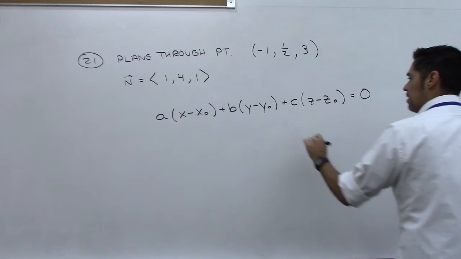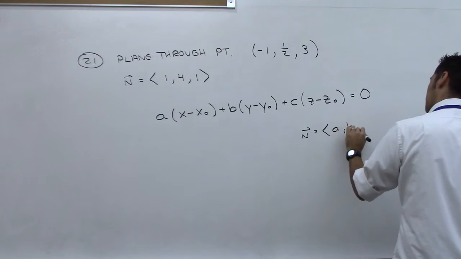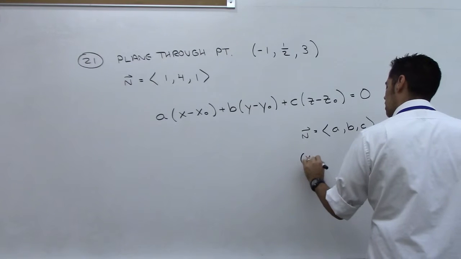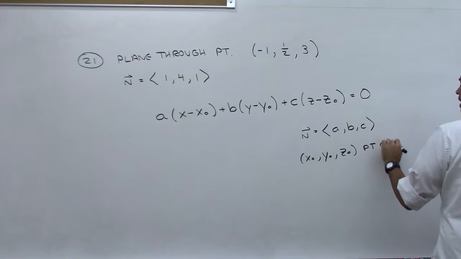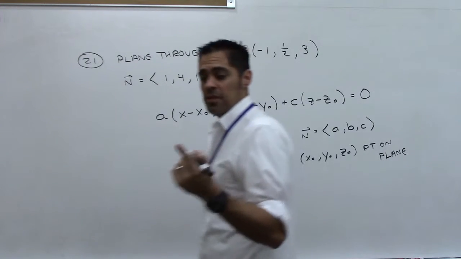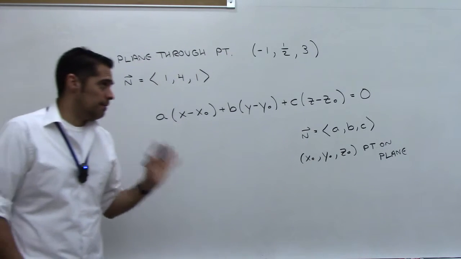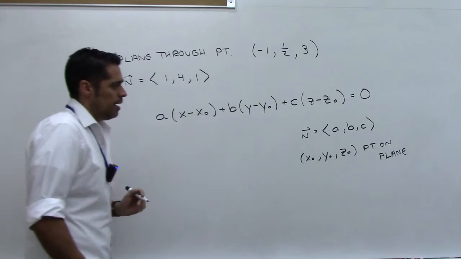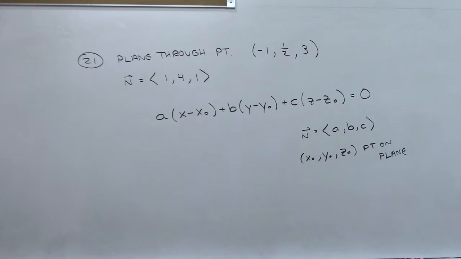Where these numbers A, B, C are the components of the normal vector, and (x naught, y naught, z naught) is a point on the plane. So what we know basically from this formula is that if someone gives us a vector that is parallel to the normal, so any normal vector to the plane, and a point on the plane, we can find the equation.